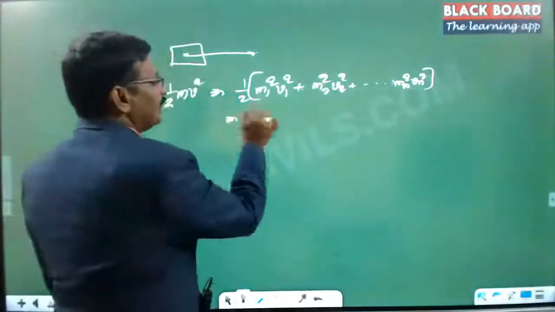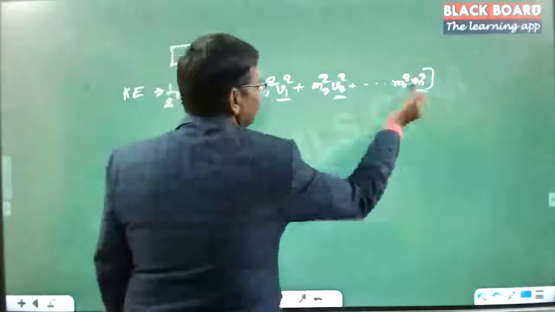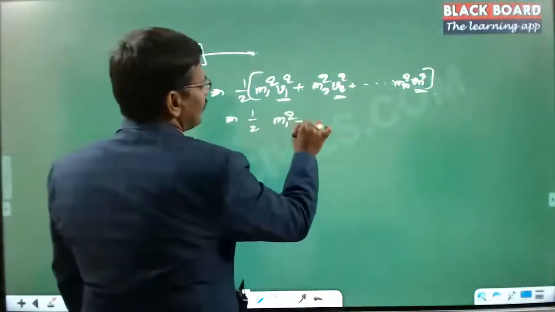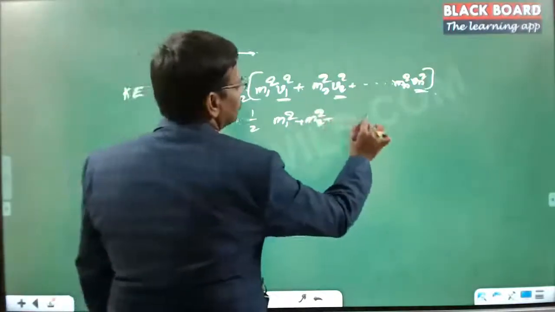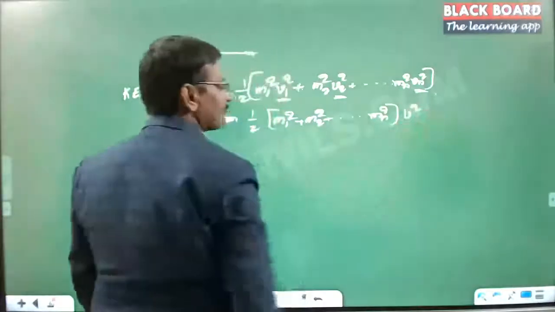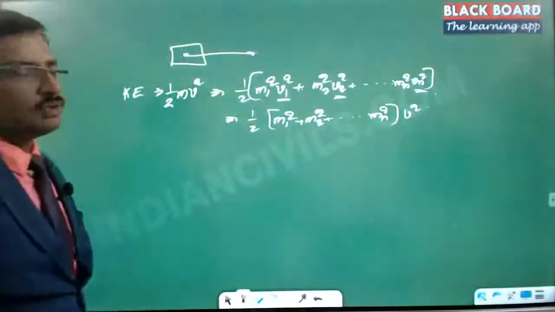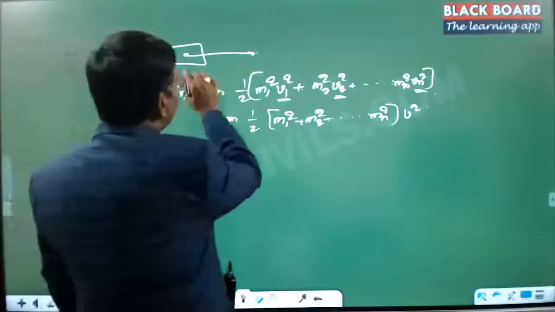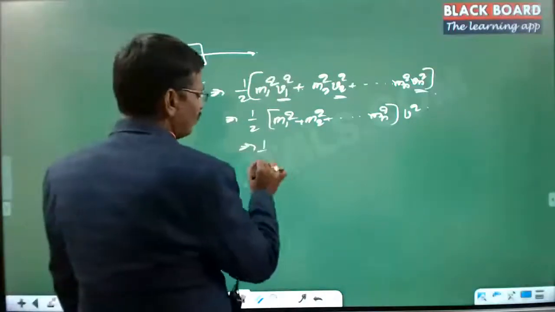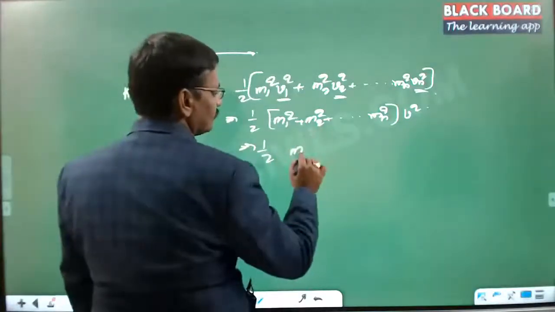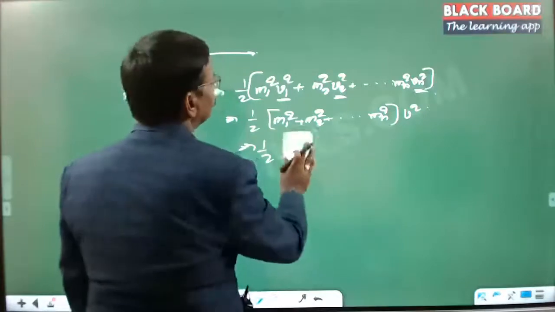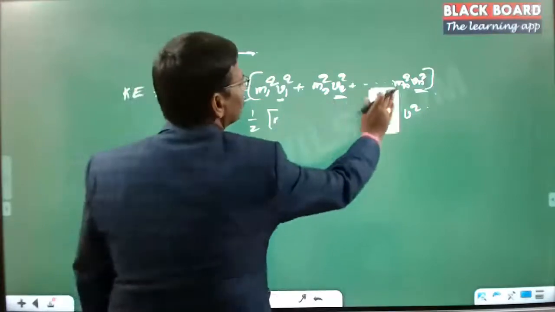Now every particle has the same velocity, hence we will take it out.